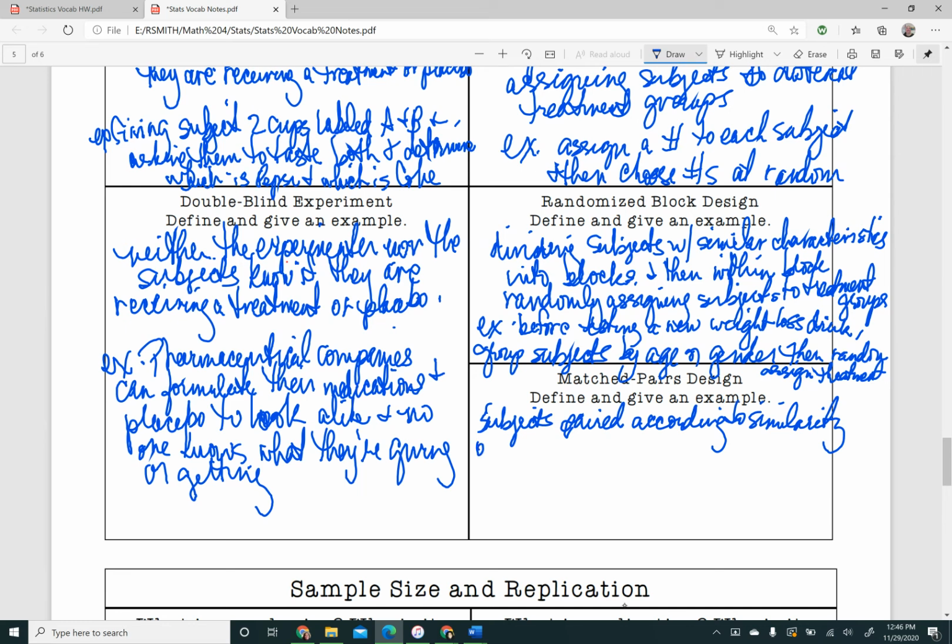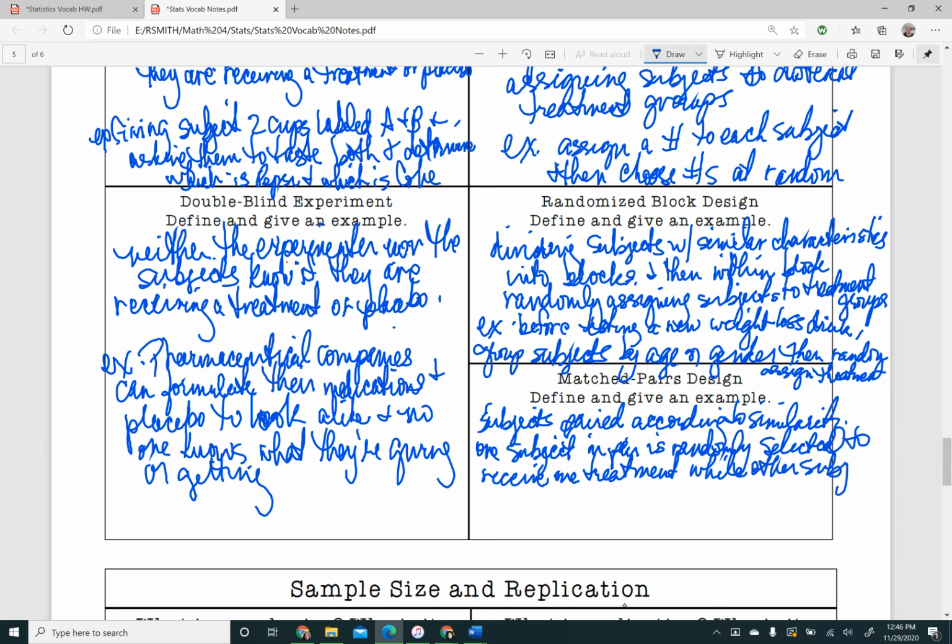One subject in the pair is randomly selected to receive one treatment while the other subject receives another treatment.